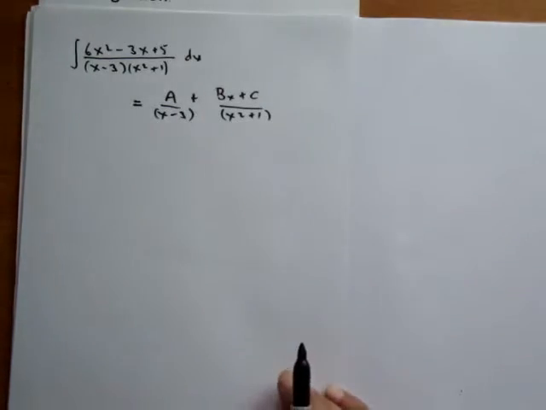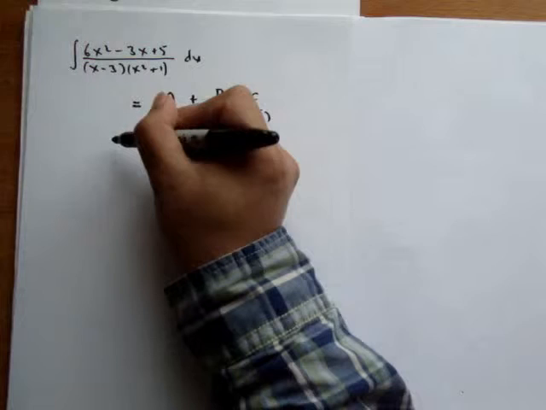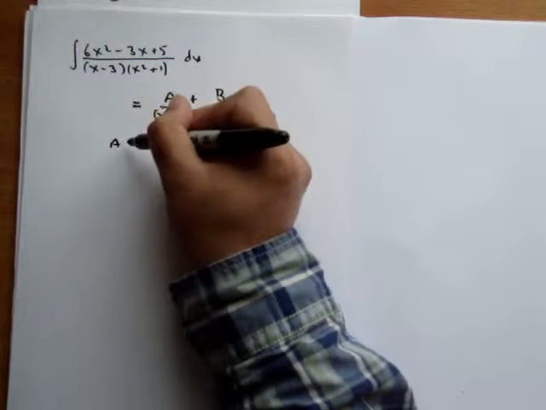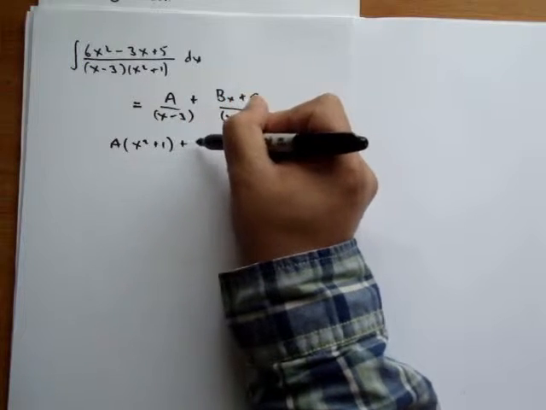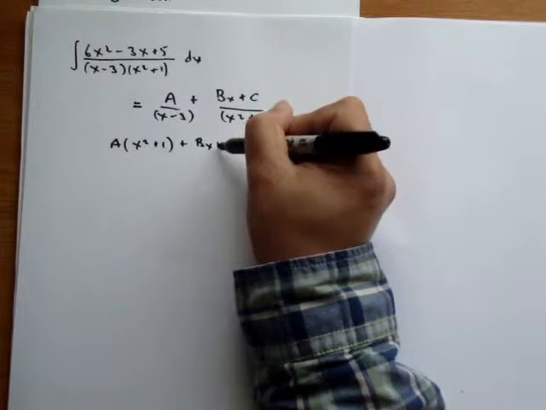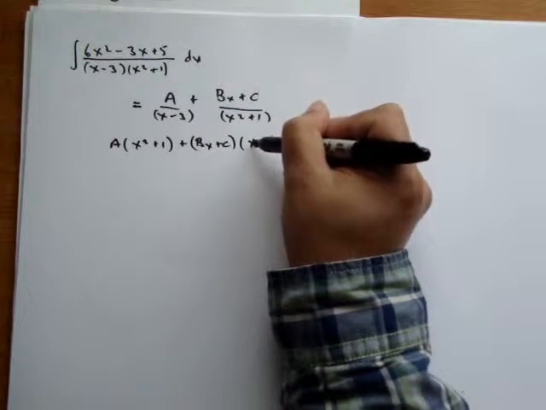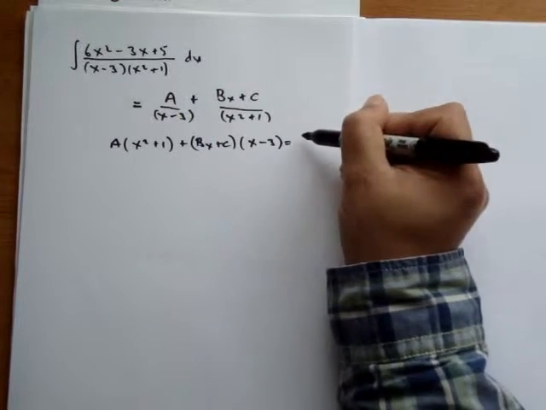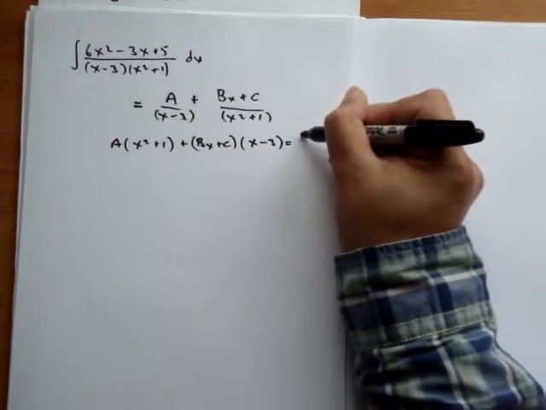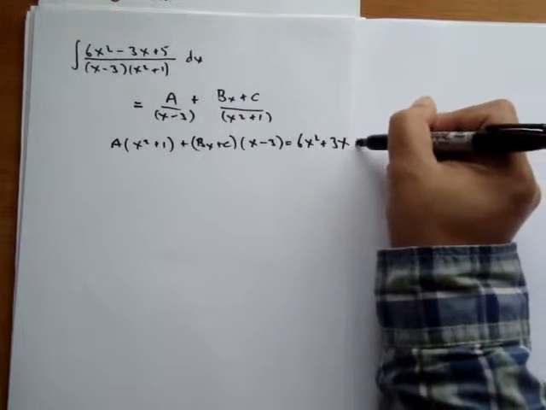Then we do our multiplication with the lowest common multiple, and we get A(x squared plus 1) plus (Bx plus C)(x minus 3) equals the numerator, which was 6x squared minus 3x plus 5.